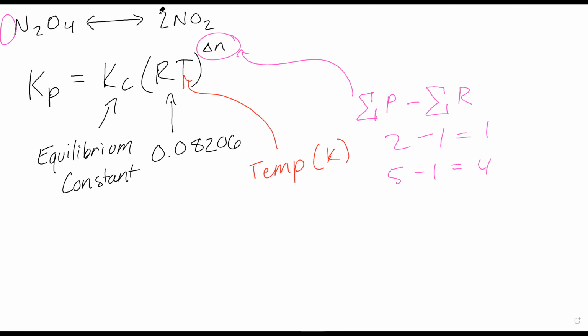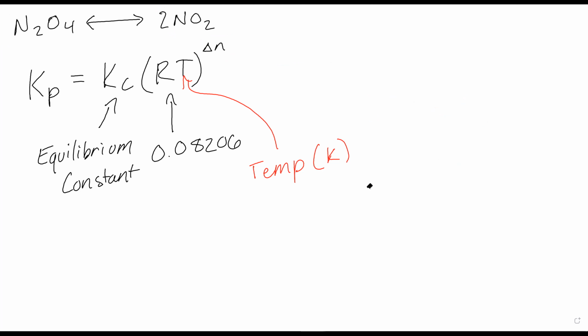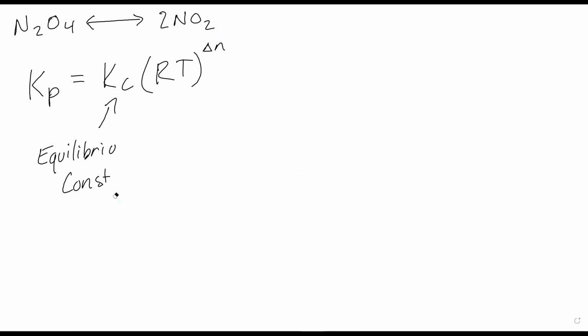All right, cool. Let's keep going then. So let me erase all the in-between stuff now that we know it. So what else has this question given me? This question gives me Kc. And Kc here is equal to 5.9 times 10 to the negative 3.